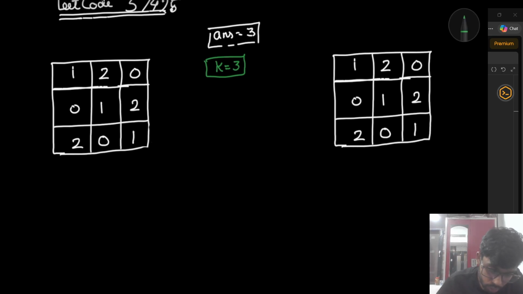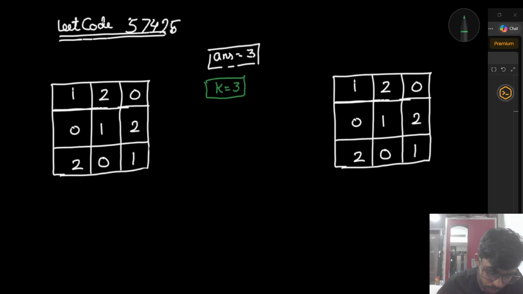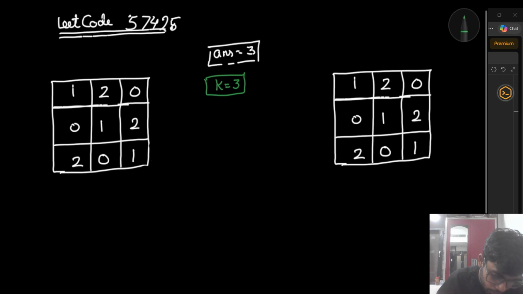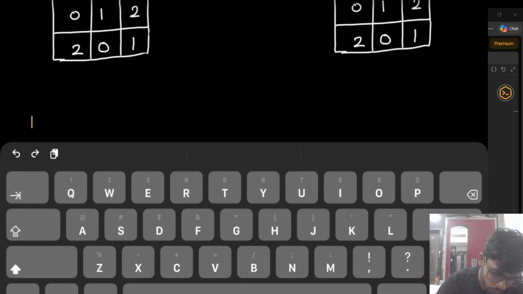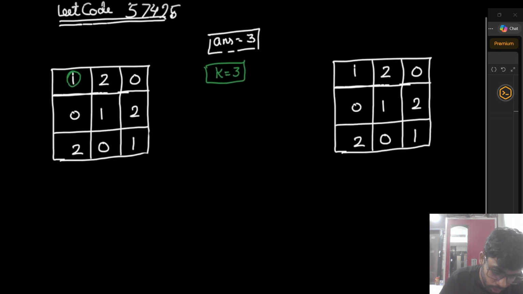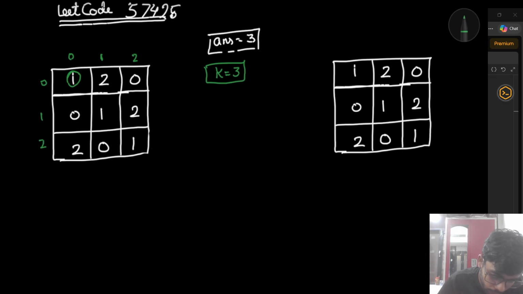Okay, so here we have to start from this index and we have to reach this index. When I am standing at this index, 0, 1, 2, 0, 1, 2, I have two choices.